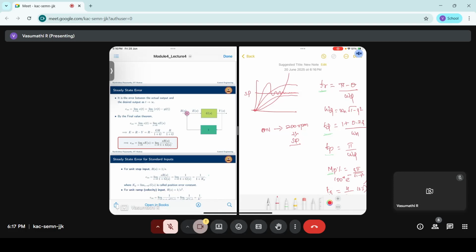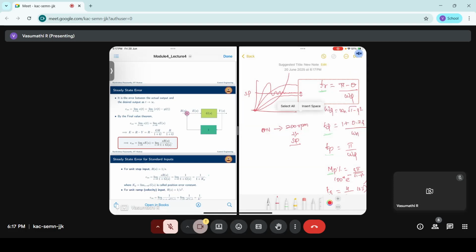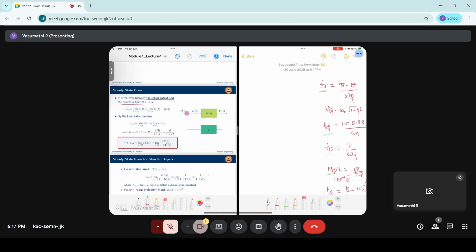So the steady state error reflects the difference between how you want it to be and how it actually is. That is the difference between the actual output and the desired output. It's very simple. So how can we interpret this in terms of an equation or a block diagram? If I take a control system, let's take my transfer function, I call it G of s.